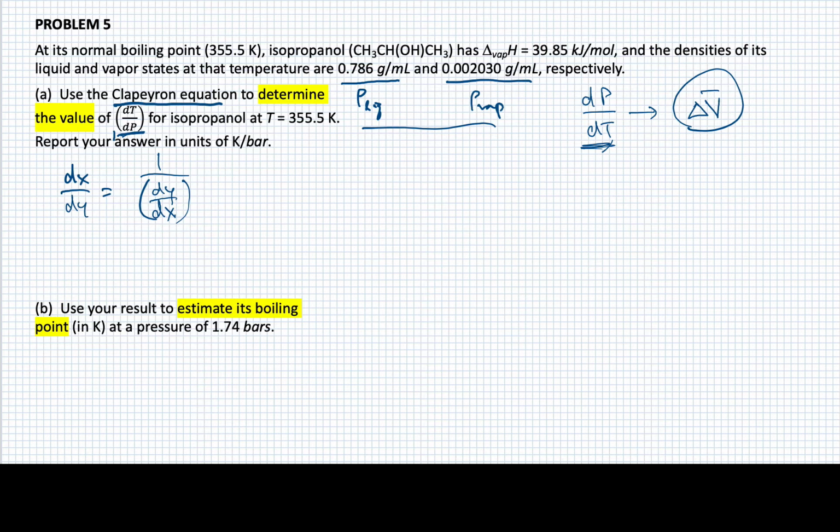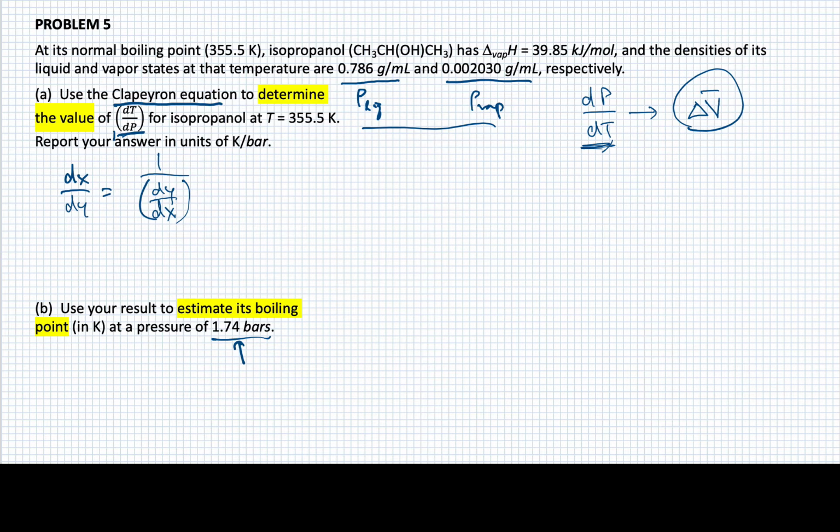All right, for part B, we're going to use this result to estimate the boiling point at a different pressure. Remember, in these phase transitions, the temperature of the phase transition depends upon the overall pressure. So now we're raising the pressure to this. Presumably the normal one occurs at a pressure of 1 bar.